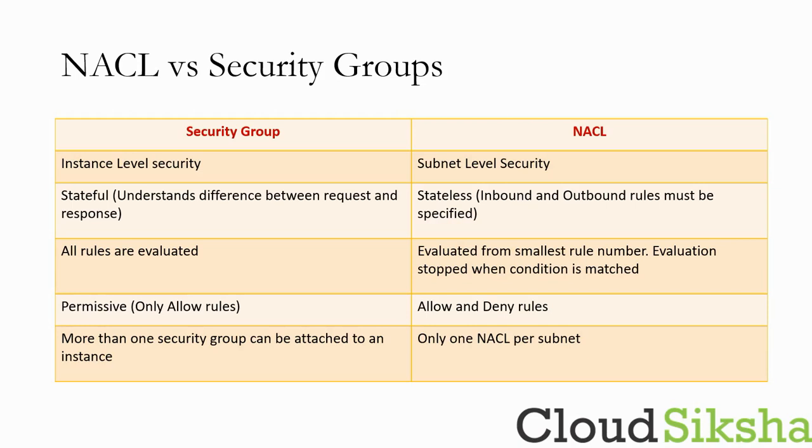So if there is a question which says about whitelisting or blocking websites, that's at a layer 7 level, then there would be an answer which will talk about using proxy servers, and that would probably be your answer. So keep this in mind. If it's an IP address, then we're talking about security group and NACL.